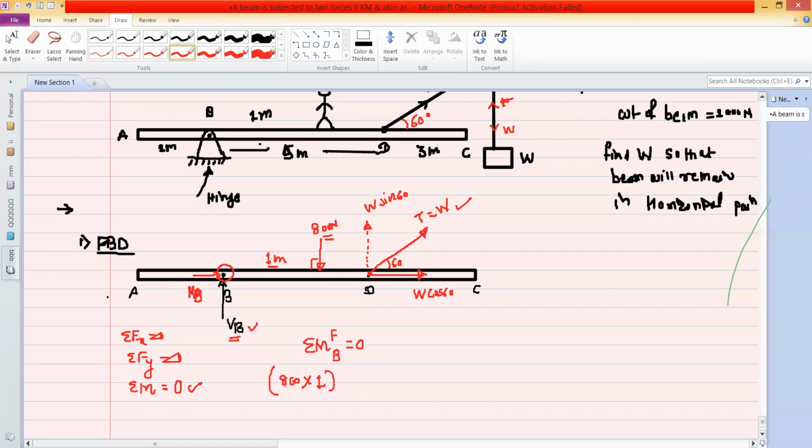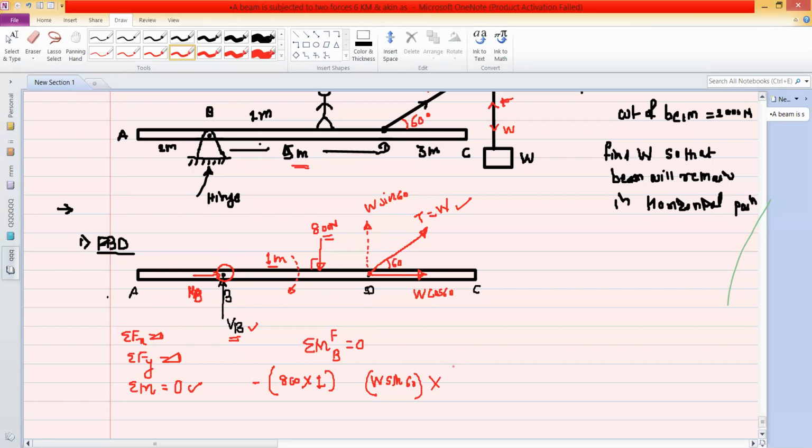So this is the moment 800 into 1, and its direction will be clockwise, so this is negative. Next is the y component of this W, so it is W sine 60. The perpendicular distance for W sine 60 is 5 meter, directly given.